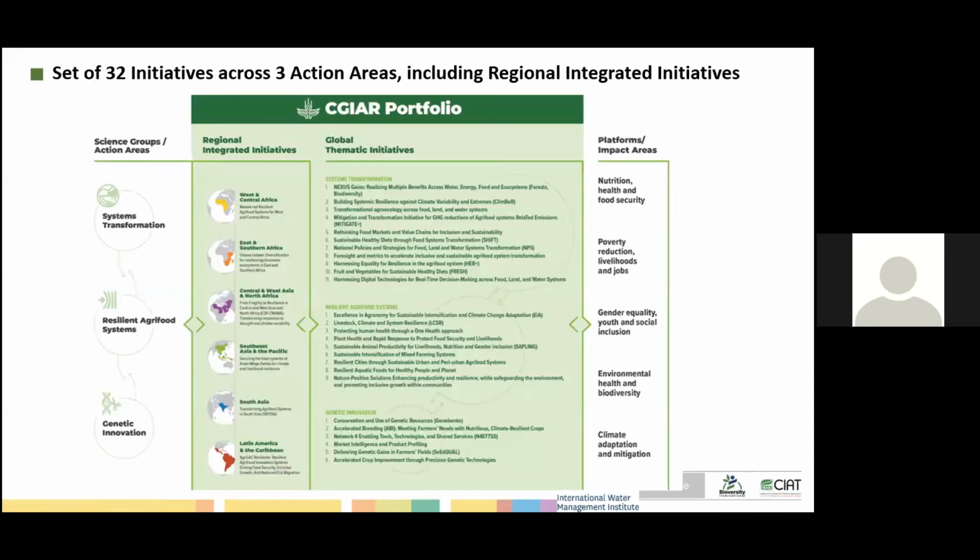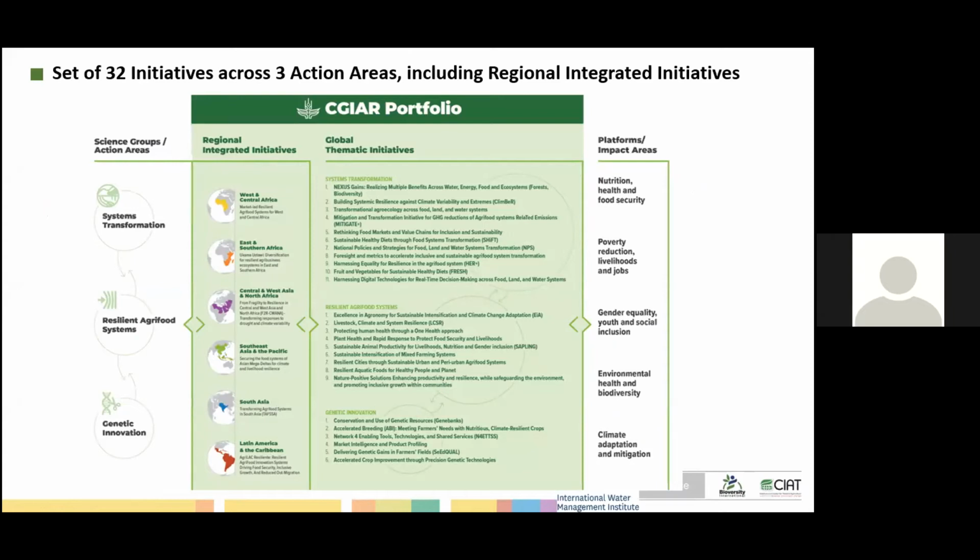From the research perspective, we have the three science groups, the three action areas: system transformation, resilient agri-food system, and genetic innovation. They work with a number of global initiatives, but also 6 regional integrated initiatives, recognizing the specificity of each region or sub-region.